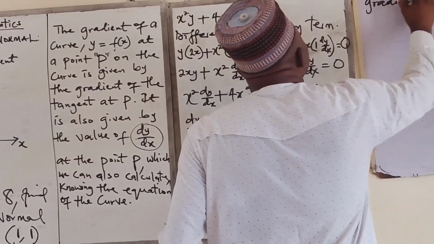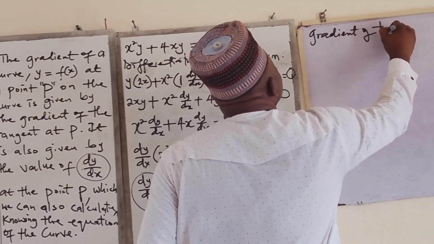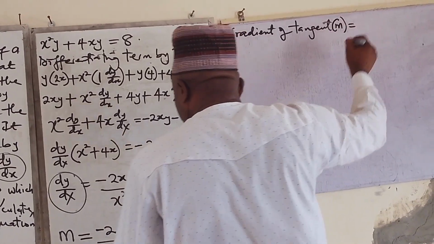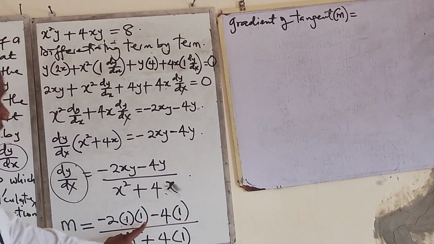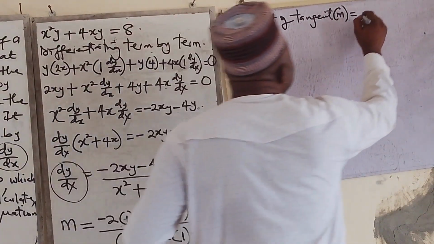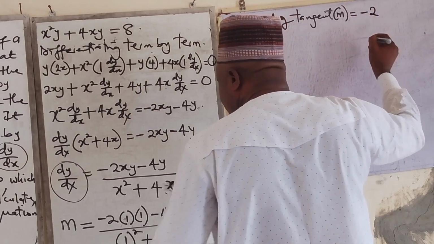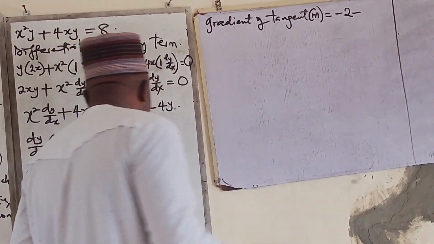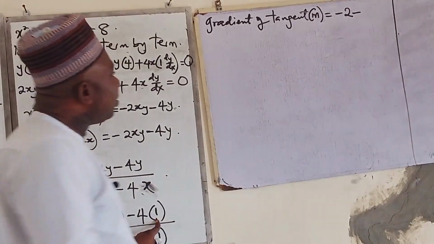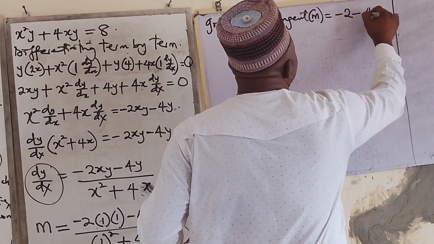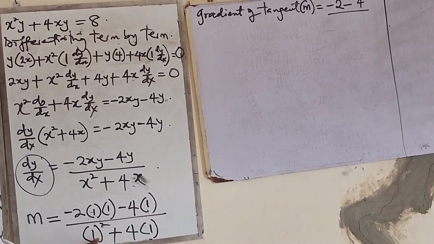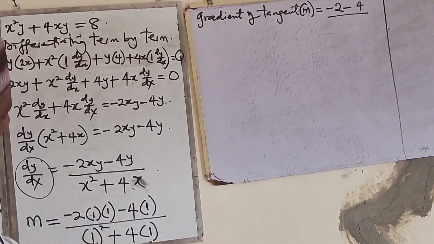The gradient of tangent, which is m, is equal to minus 2 times 1 times 1. That will give us minus 2. So here we have minus 2 minus 4 times 1. Minus 4 times 1 is minus 4. All over 1 squared. 1 squared is 1 times 1, and 1 times 1 is 1.